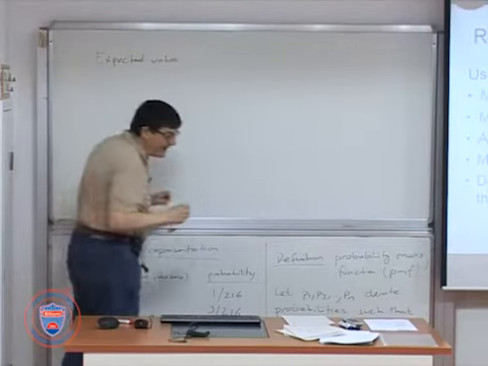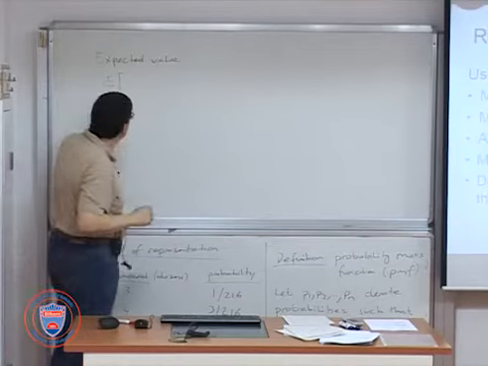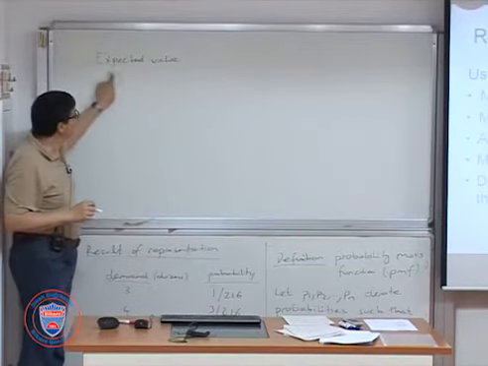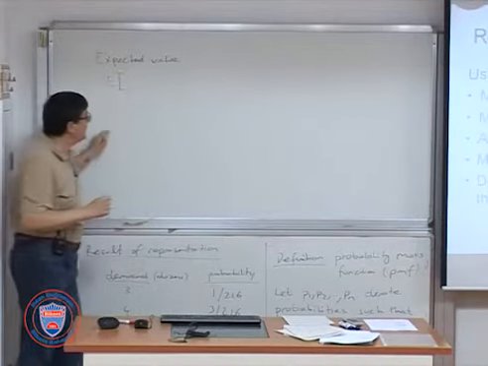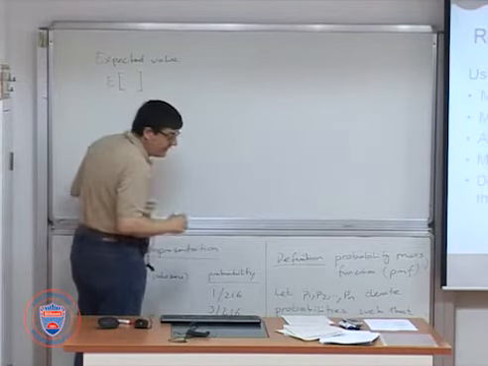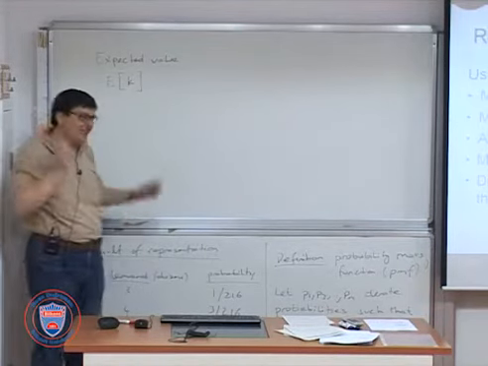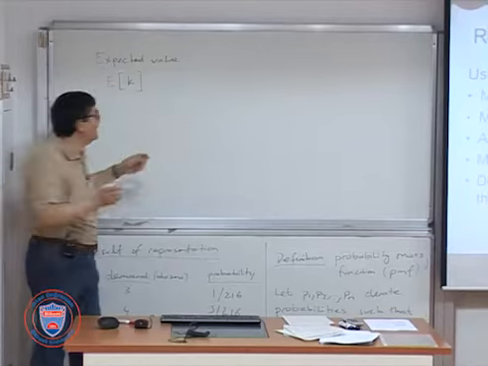And the expected value is defined in the following way. You have E, and then you have the square bracket. And here, in this bracket, you will have K. Now, what is K? In this case, it is, let's say, the demand.